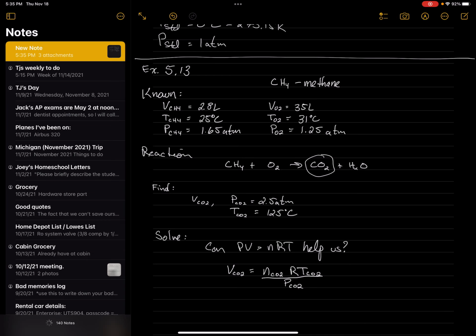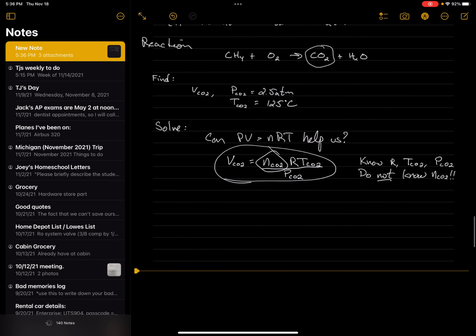So when we look at this equation, we can see right away that we know R, right? That's just the gas constant. But we also know T of CO2 and we know P of CO2. So we're almost there, except we don't know the number of moles of CO2.